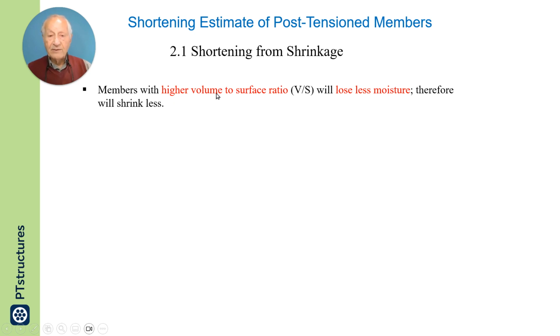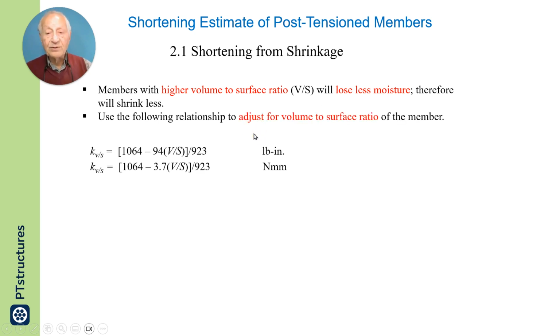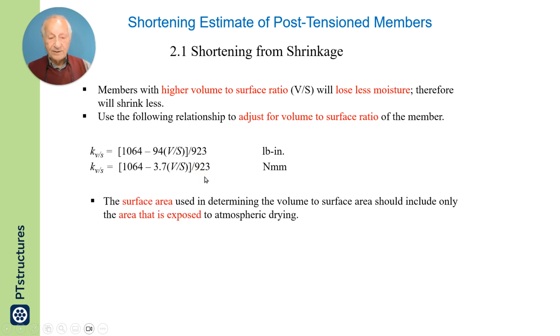Members with higher volume to surface ratio lose less moisture. The smaller the surface in relation to the volume, the less will be the loss in moisture. Use the following relationship to adjust for the volume to surface ratio of the member you are dealing with. Now here is the coefficient for volume to surface ratio, depending on whether you use the US or SI system of units.